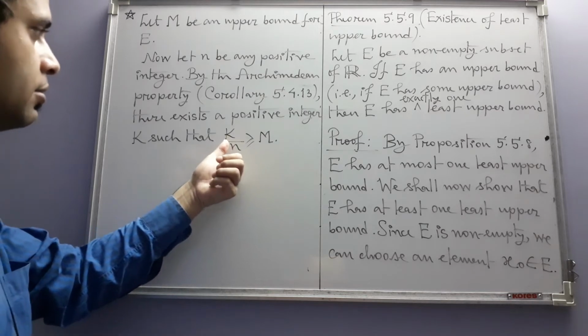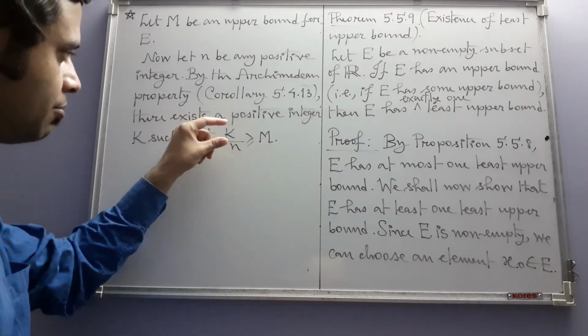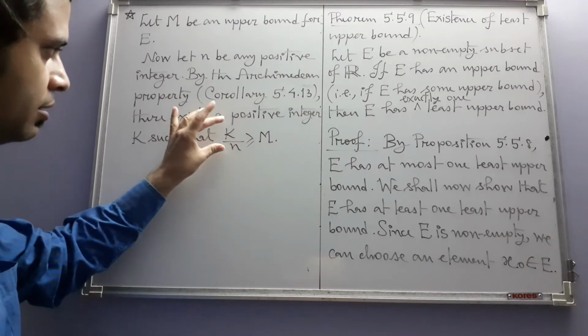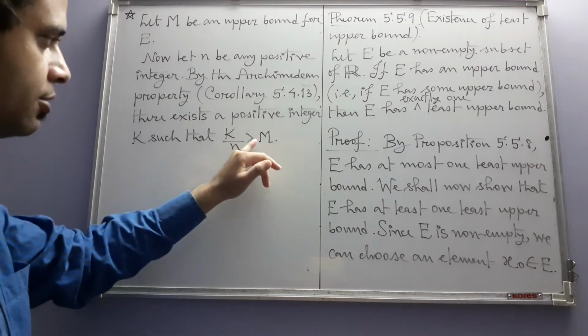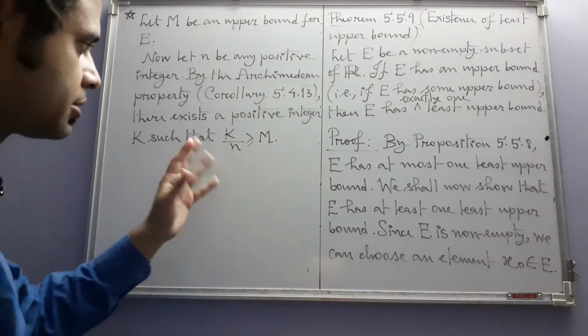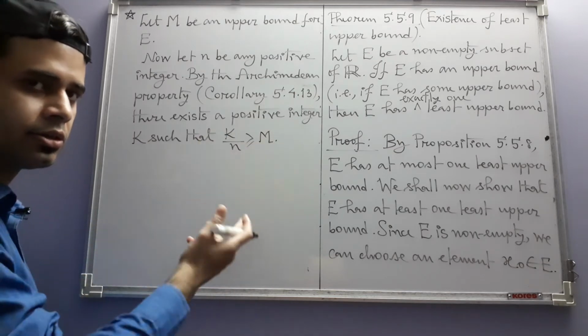So you can find a positive integer k such that if you multiply 1 over n by k, this product is going to be greater than or equal to M. In fact, strictly greater than M, but same. If you have strict inequality, you can write greater than or equal to also.